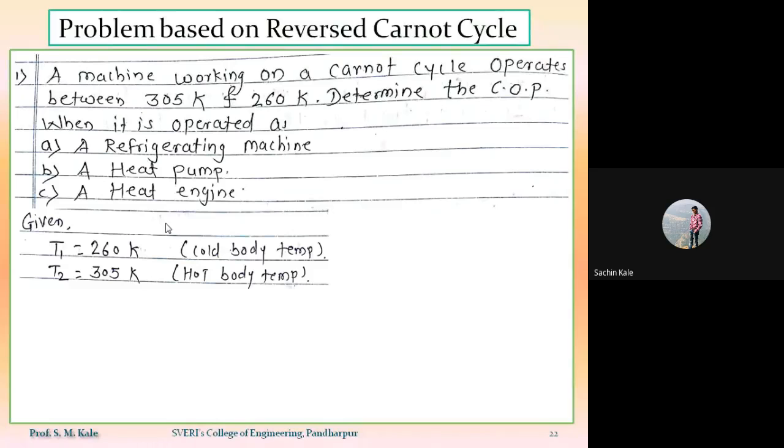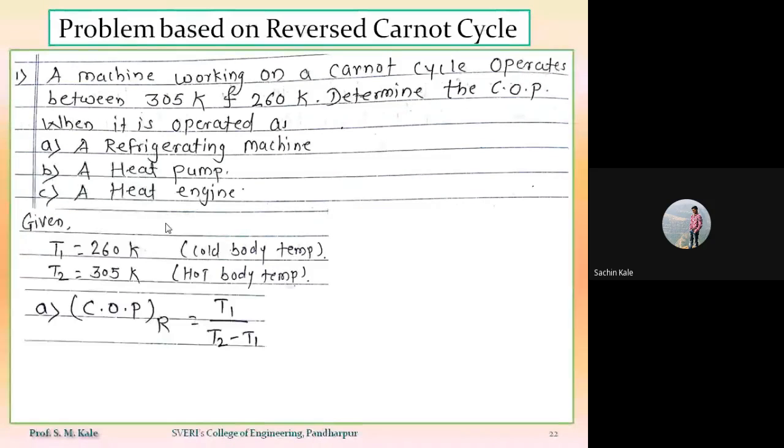Will anyone tell me how to calculate the value of COP of refrigerating machine? T1 upon T2 minus T1. Okay, so we know the formula in terms of temperature: COP of refrigerating machine is given by T1 divided by T2 minus T1.